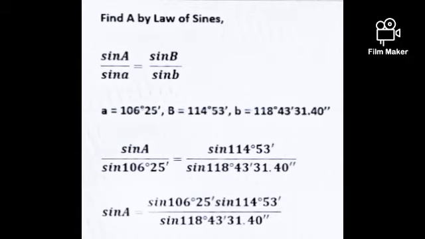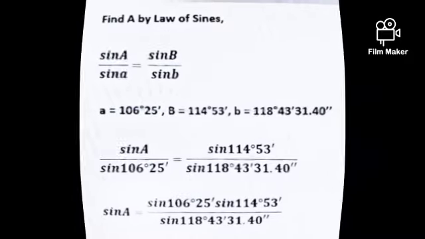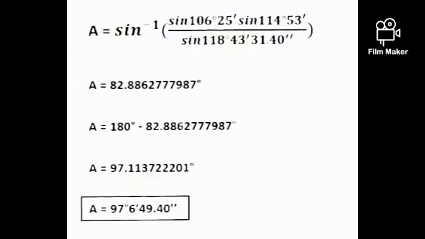Now cross multiply, and you get sine A equals sine of 106 degrees 25 minutes multiplied by sine of 114 degrees 53 minutes over sine of 118 degrees 43 minutes and 31.40 seconds.